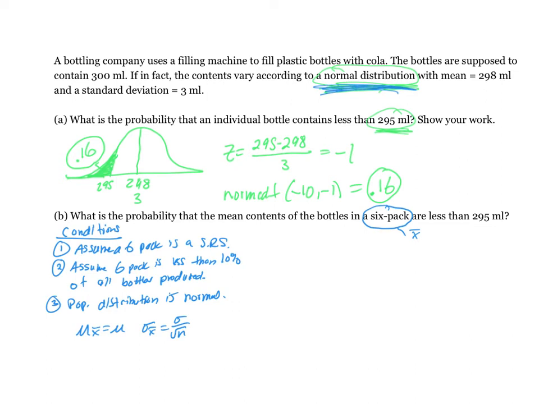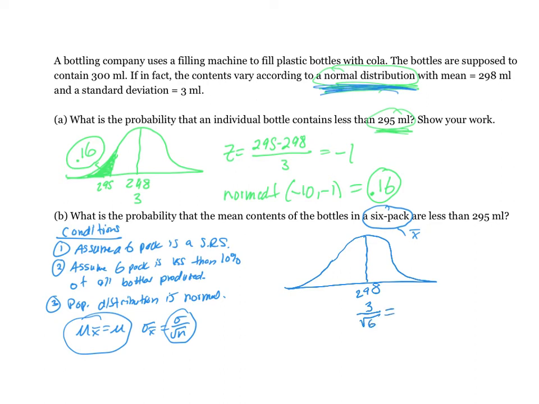Now, because all my conditions are met, I know that I can draw a normal distribution, and that distribution will have the mean of the population, which is 298, and it will have a standard deviation that I can find using this equation. So it'd be the population standard deviation of 3 milliliters divided by the square root of the sample size, which is 6, which is 1.22.